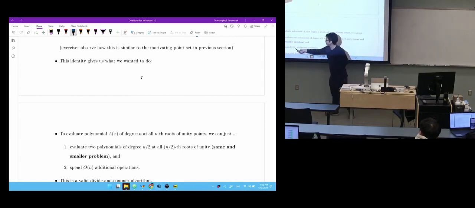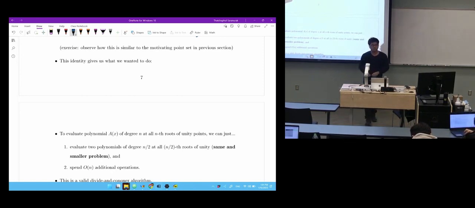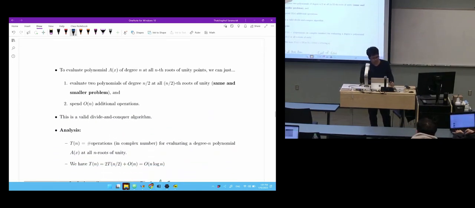Once you have done that, you just spend O(n) time. So you see that there is no problem, because the structure of the evaluation points is really the same as before. The evaluation points used to be all n roots of unity; now you just do it at all n over 2 roots of unity. Good. So that's why it's a valid divide and conquer algorithm.